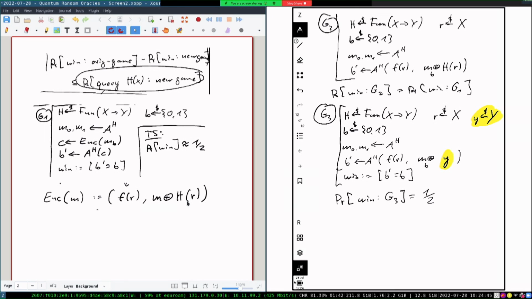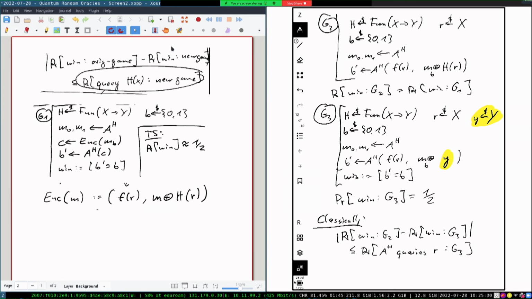Now, classically, using the statement that I had here, it would actually be quite simple to show this indistinguishability between the games. So classically, what we would do is we would have the fact that the probability of winning in G2 minus the probability of winning in G3 is bounded by the probability that AH queries R in G3.